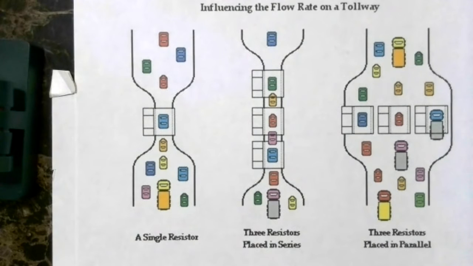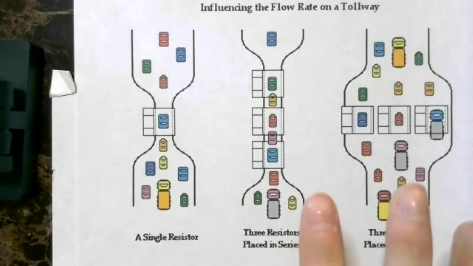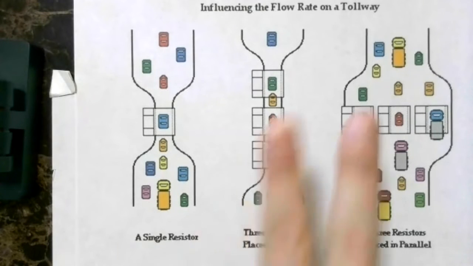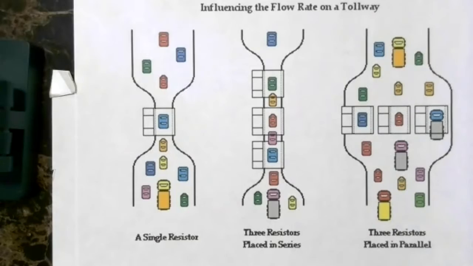Maybe it's a single lane highway, maybe it's multiple lanes of highway. How do the number of lanes in our highway and the positioning affect the voltage, the current, and the resistance? Remember those big 3 IDs in Ohm's law.